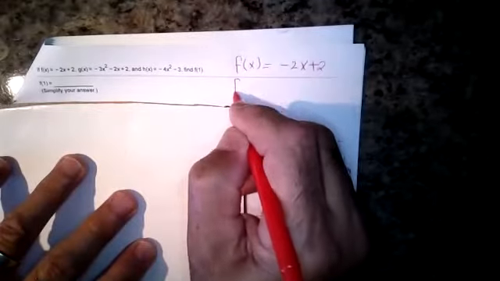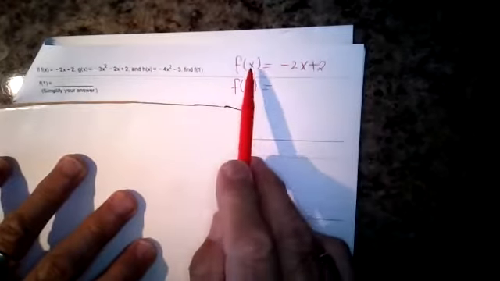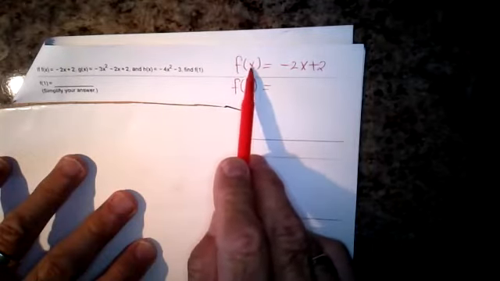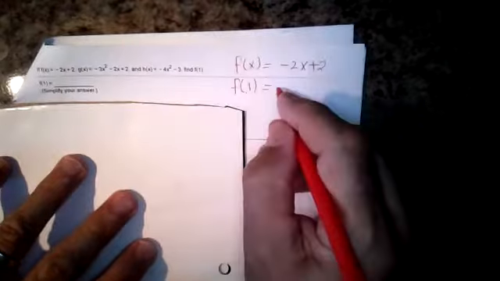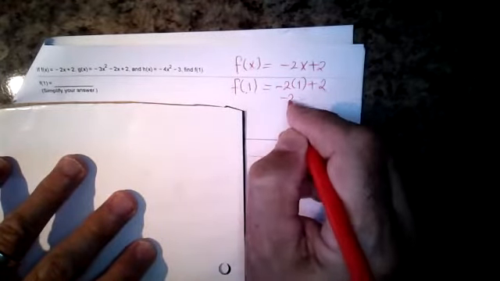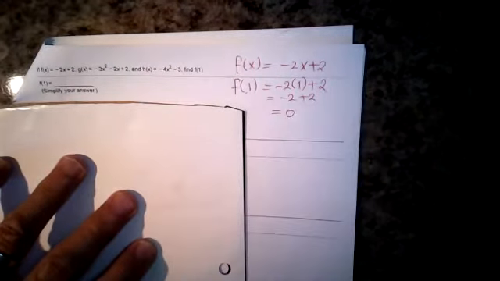F of 1 means take 1 and substitute for the x. Put 1 and put 4x here and here. So it would be 0. That's what f of 1 means.